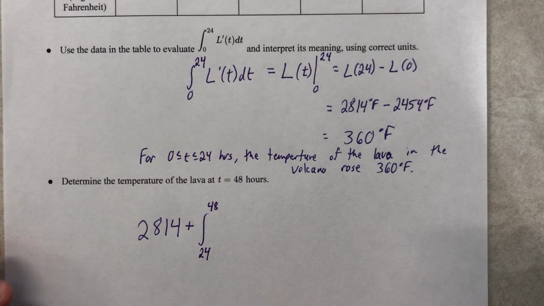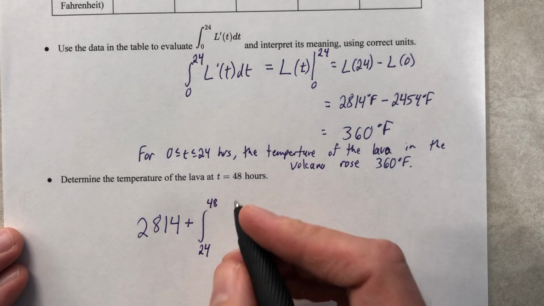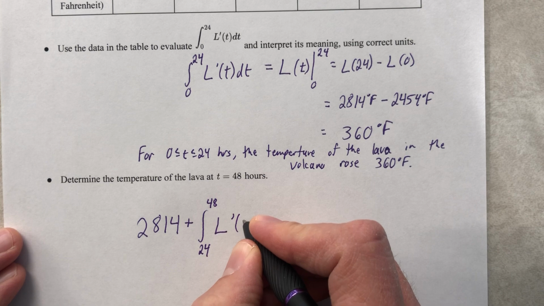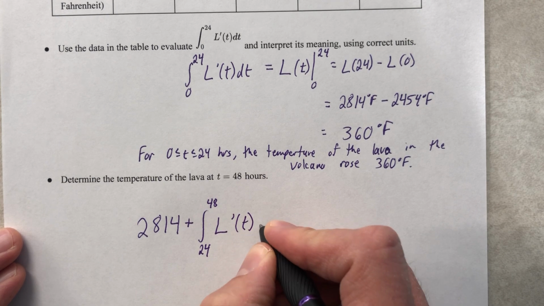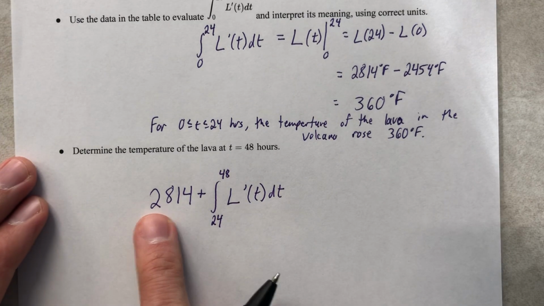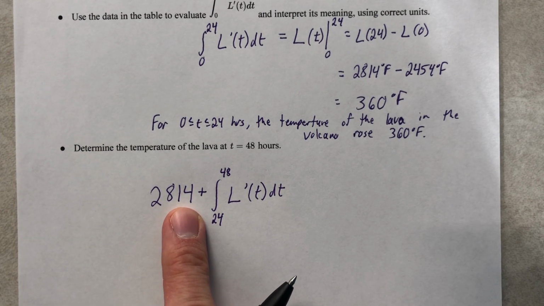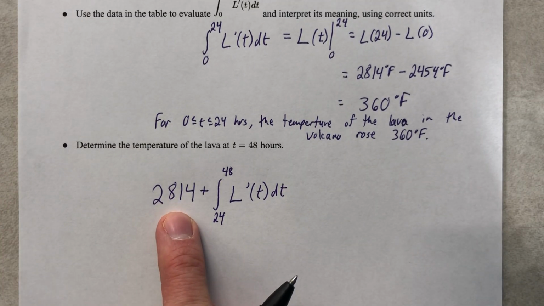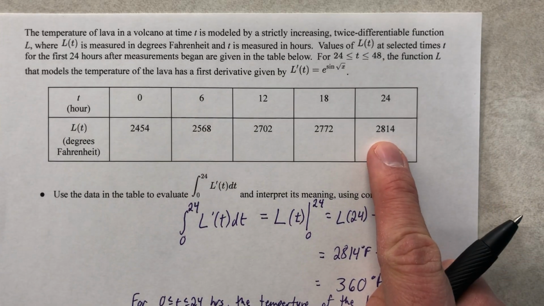How am I going to find the quantity? I'm going to take the integral of the derivative there. Again, I start here, I measure for 24 hours, then I say, oh man, I don't have any more data in my table.